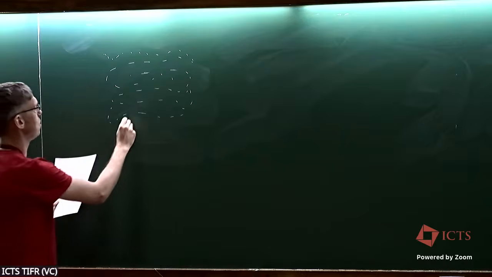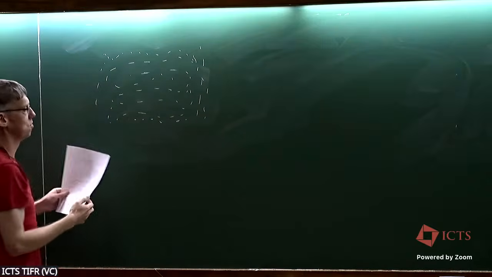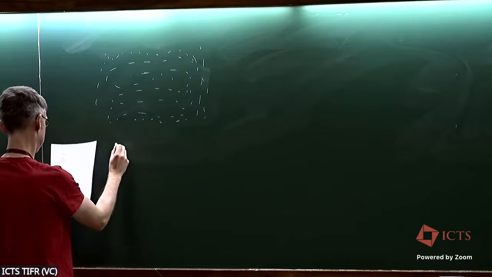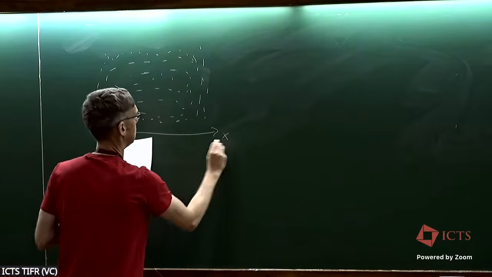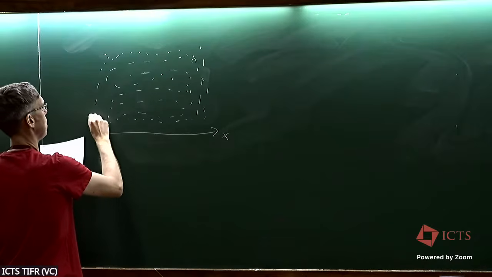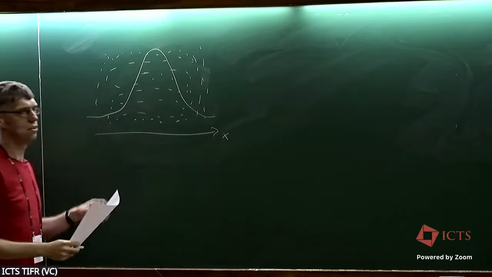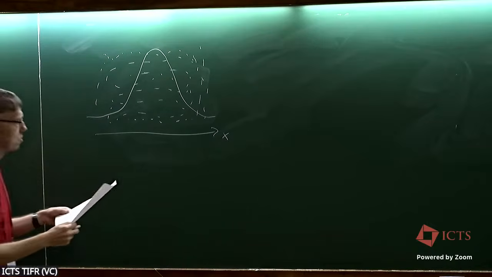And now you want to go to a continuum description of those point masses. Then usually what you do is you do an average, right? So let's say this is the spatial dimension, then you just average over a bunch of those particles to get to a continuum description.